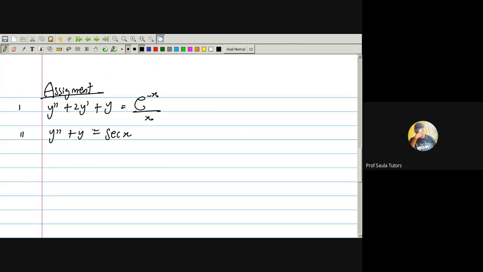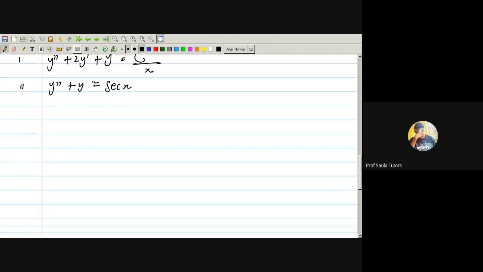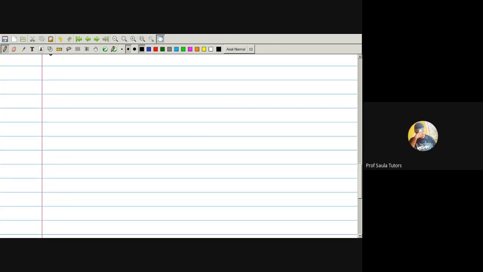The next one we want to look at is another method to find particular integral. There are many methods.